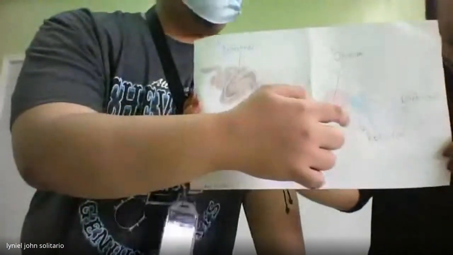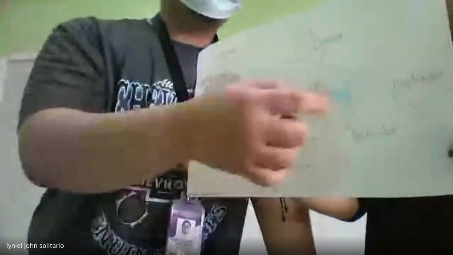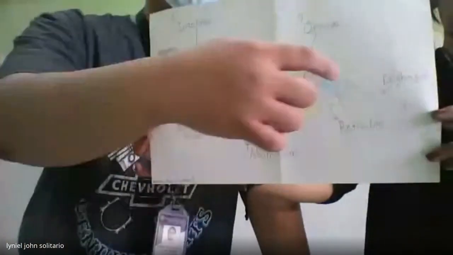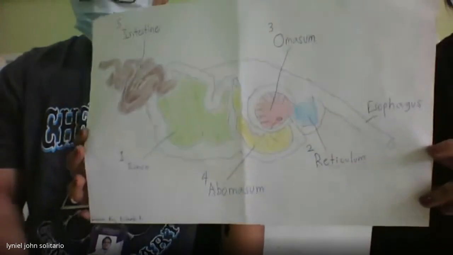That regurgitated feed is called cud, C-U-D. Cud means partially digested feed. That's why they ruminate, because they chew on that cud 40% to 45% of the day.